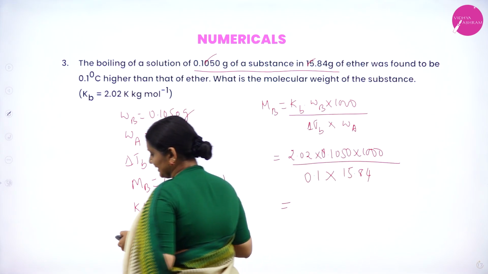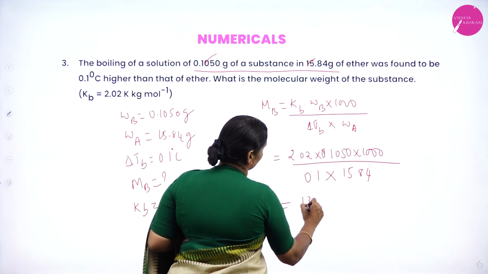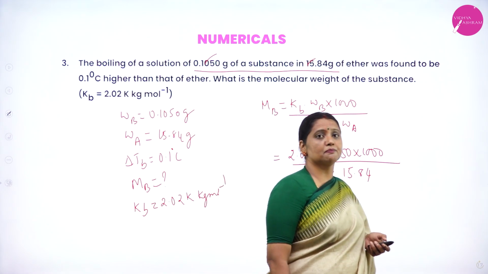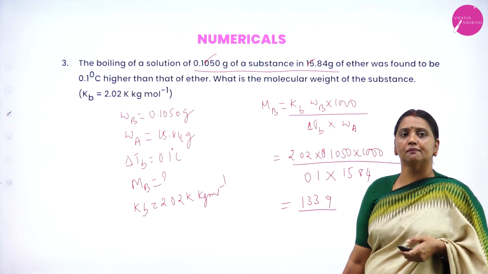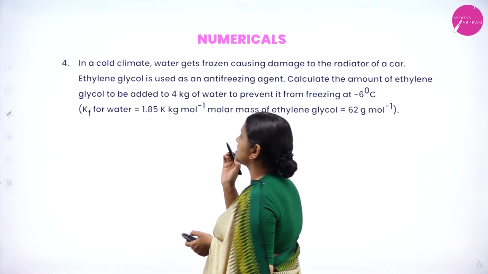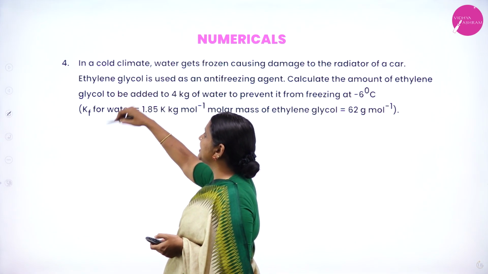If you calculate this, it will come around 133.9 gram. So, my dear students, as well as the previous problem, you have to solve these two problems.